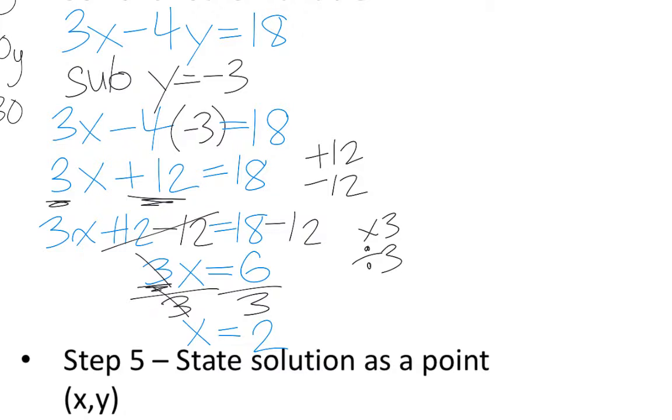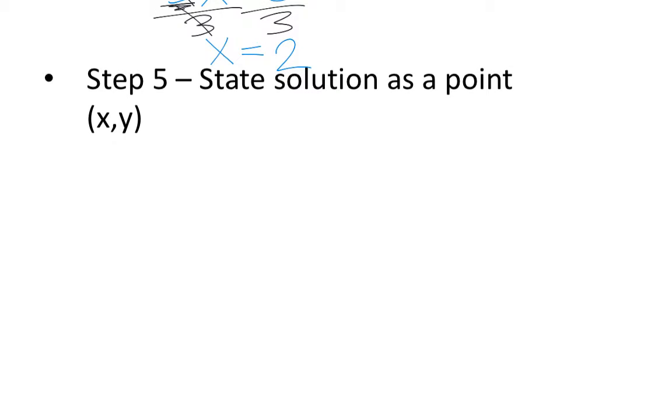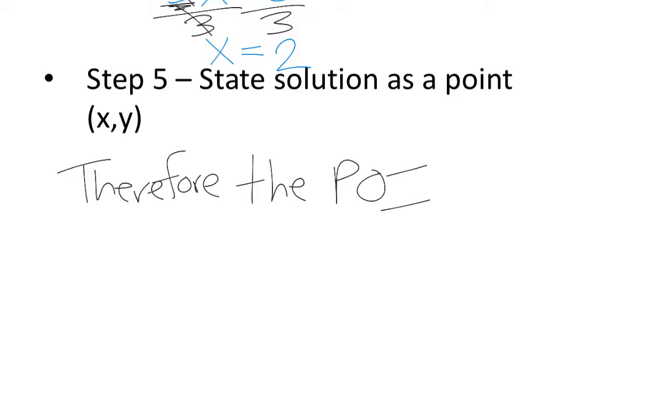Therefore, you know the value of x and you know the value of y. So let's do a concluding statement. I'm going to say, therefore, the point of intersection is 2 and negative 3.